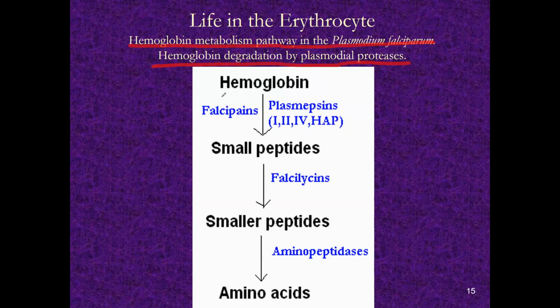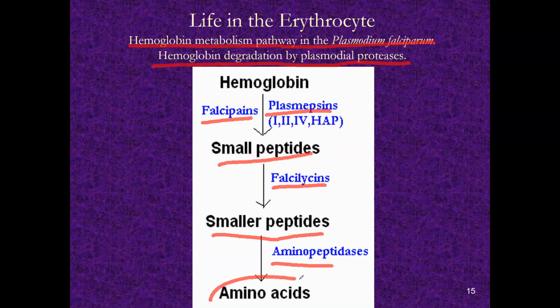In the red blood cell, the Plasmodium parasite secretes several enzymes which degrade hemoglobin into small peptides, and then further enzymes from the Plasmodium degrade these into smaller peptides, and then aminopeptidases convert them into free amino acids, and these free amino acids can be used by the parasite for making its own protein.